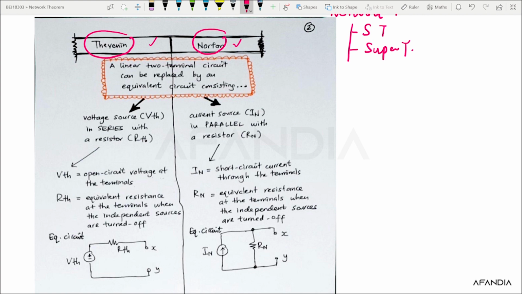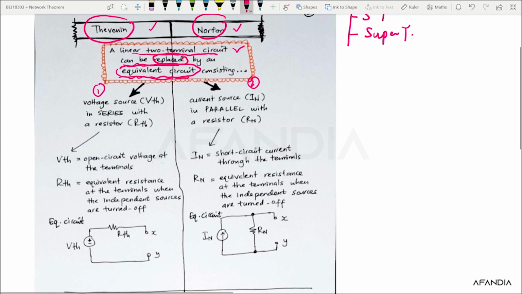In general, a linear two-terminal circuit can be replaced by an equivalent circuit consisting of either this one or this one. So you must remember, it is about how we are going to replace a two-terminal circuit with an equivalent circuit.